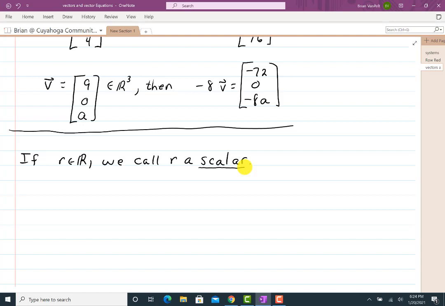So if I multiply a vector by 2, the vector is twice as long. If I multiply a vector by -5, the new vector is 5 times as long as it was before. So multiplying by a real number scales the vector, making it shorter or longer depending on what you're multiplying by. That's why we call these numbers scalars, because of their scaling ability.